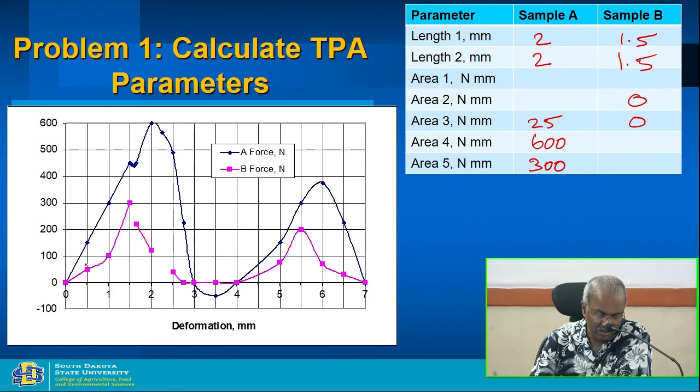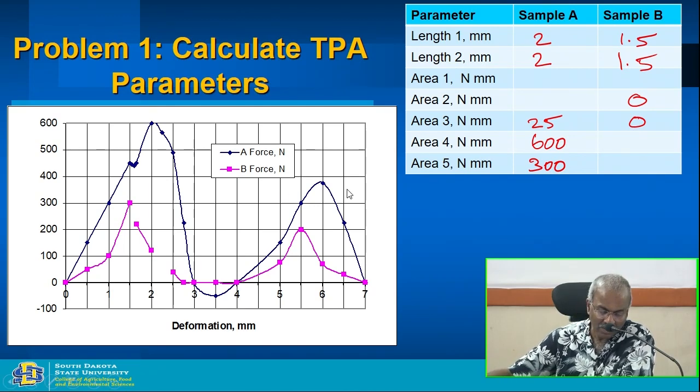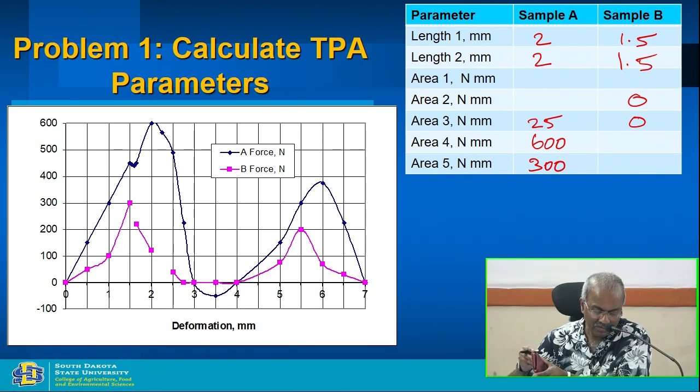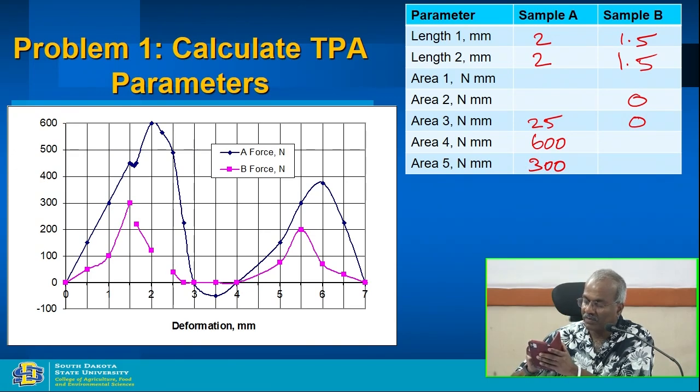A4 is here, half, 0.75, 150. 150 times 1.5, 225.